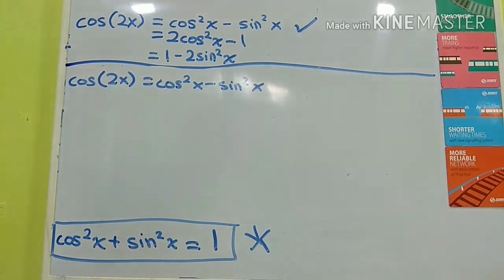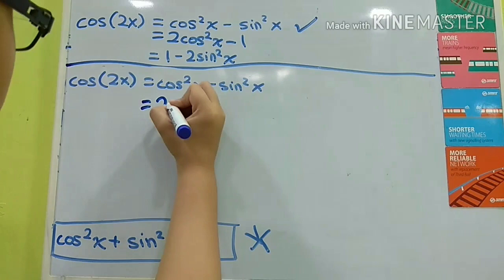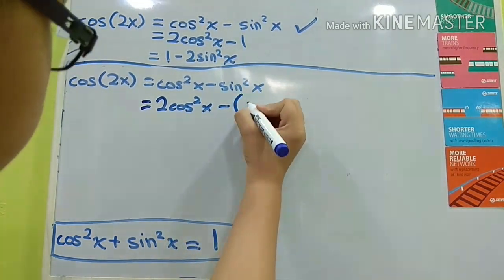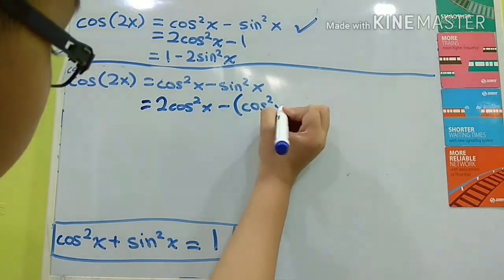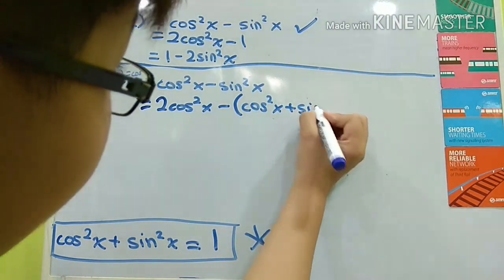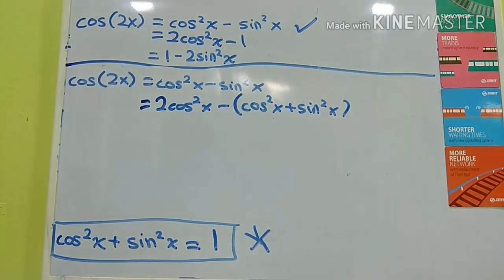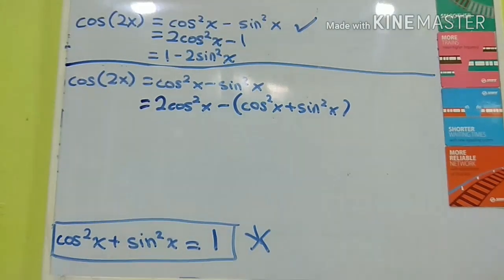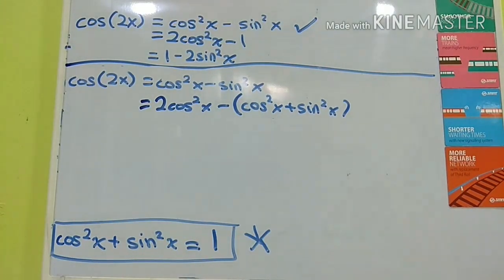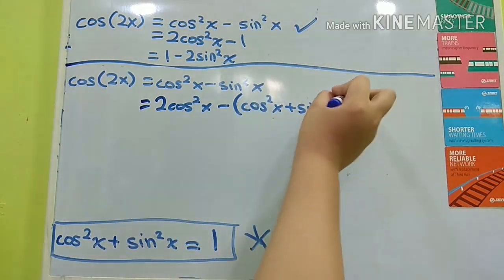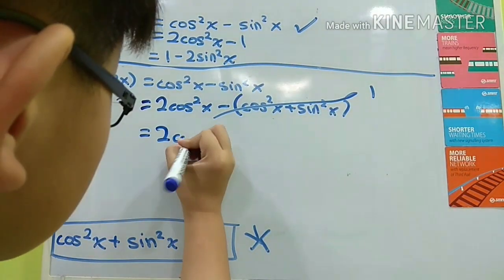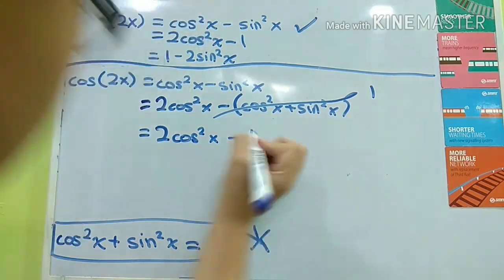I'm going to rewrite it as 2 cosine square of x minus cosine square of x plus sine square of x. As you notice, we can rewrite this as cosine square of x minus sine square of x if you rewrite it correctly. But now I'm going to do some magic. This, in fact, is equal to 1. We know that this is equal to 2 cosine square of x minus 1.